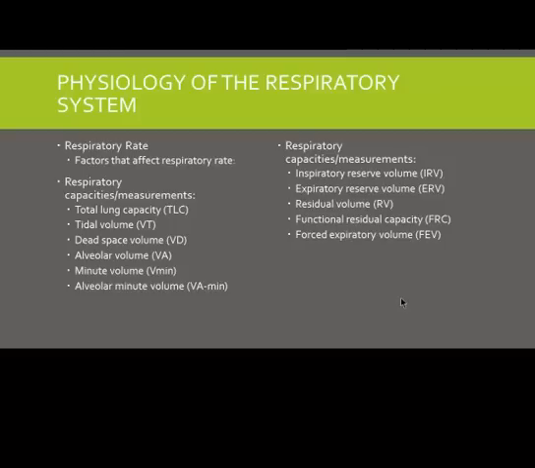If you don't have a good chest rise and fall, then we'll deliver a little bit more. If we feel like we're reaching non-compliance or we're having trouble squeezing, then we may give a little bit less. But it's going to be patient to patient, all right?